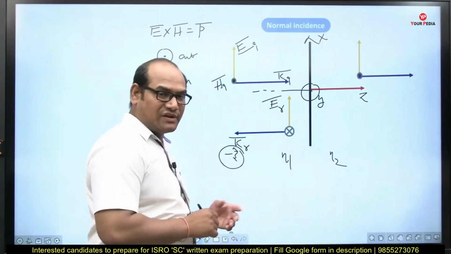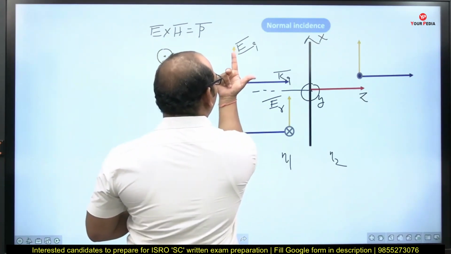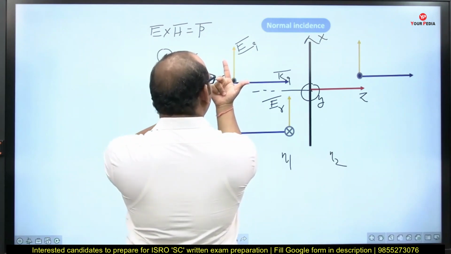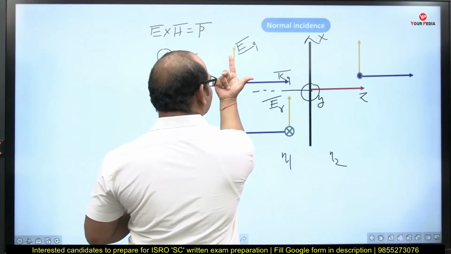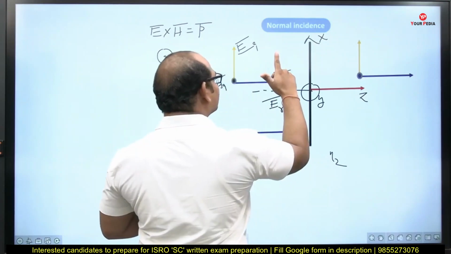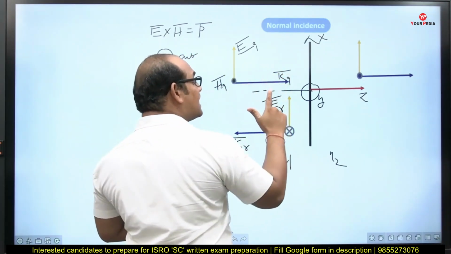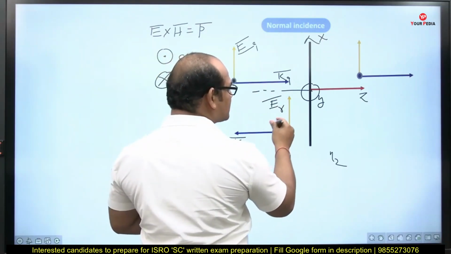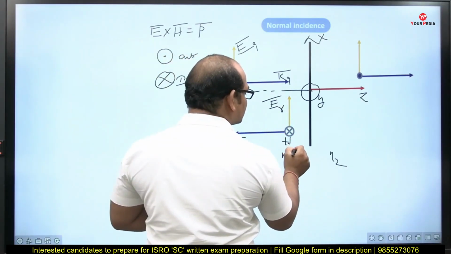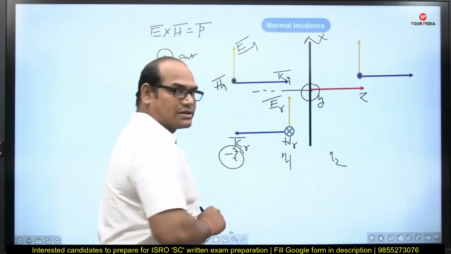What about the magnetic field? The magnetic field is given by this middle finger. It is coming out of the screen for the incident wave, but whenever it is reflected, it is going into the screen, which is nothing but a cross circle. That's why we have represented it with the cross circle, and this is represented by HR.